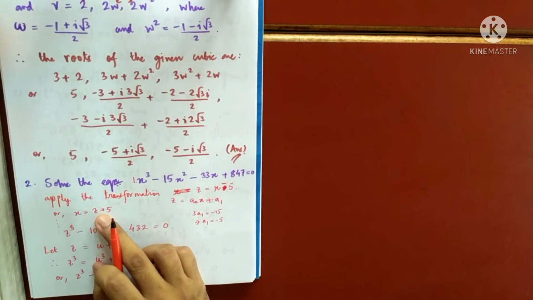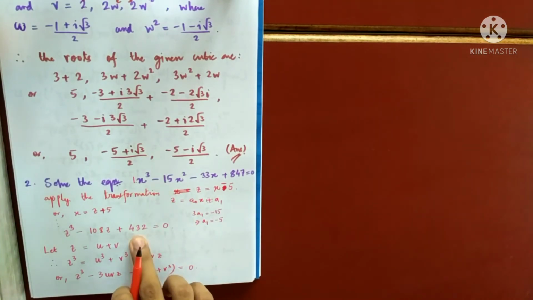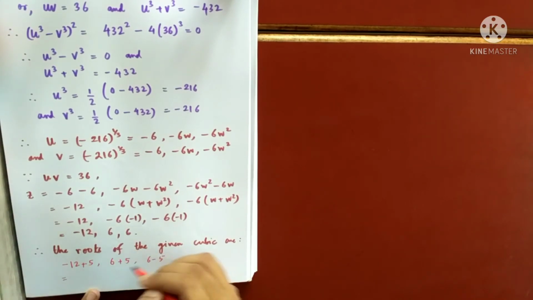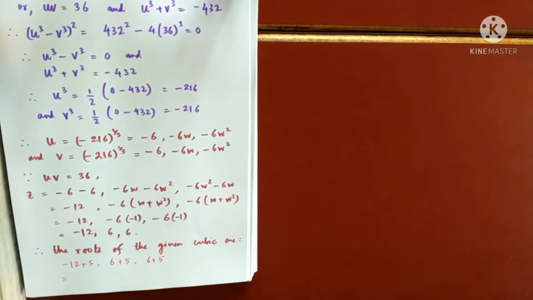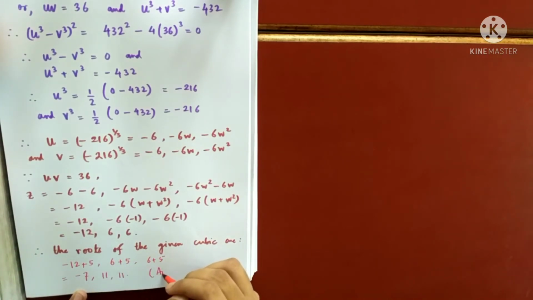So remember, the transformation will be x equals z plus 5, and this transformation will give you this. So what are the roots of the given equation? By adding 5 to it, not minus 5, which is minus 7, 11 and 11. So these are your roots to the given equation.